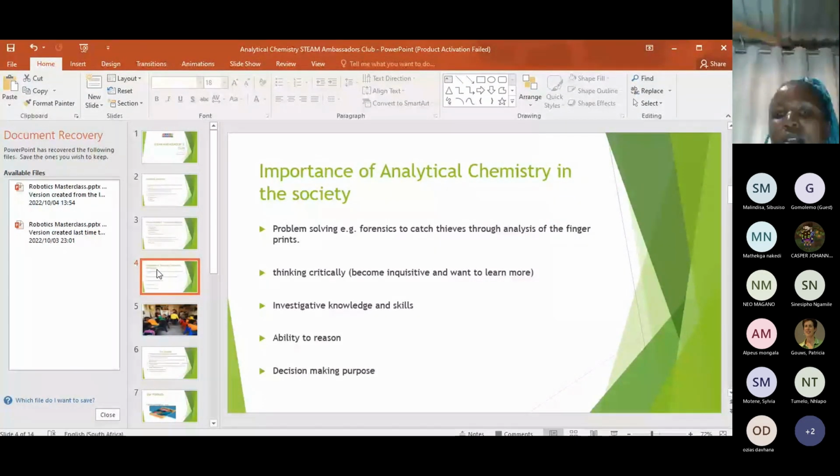It helps us with critical thinking, because when we are solving problems, we get to unpack those problems and think critically, how do we solve this problem? It also helps us with investigative knowledge and skills, the ability to reason, and also decision making.